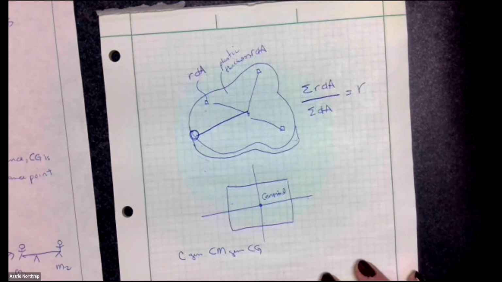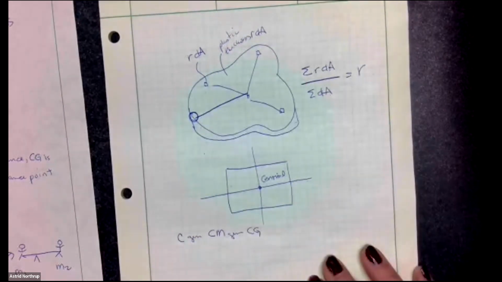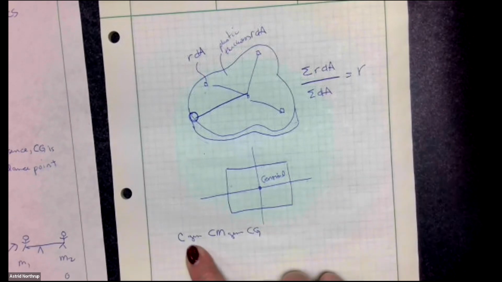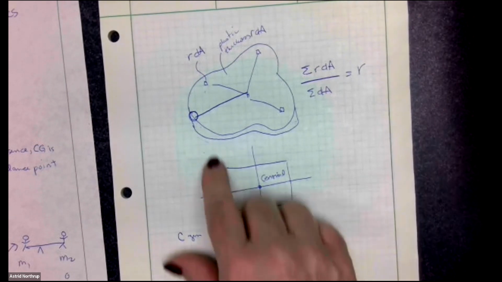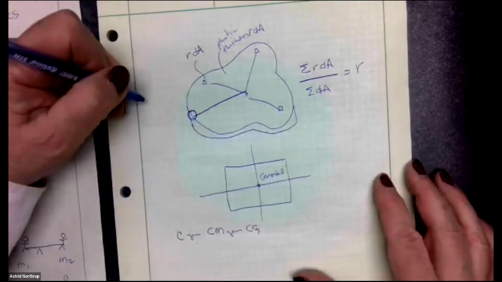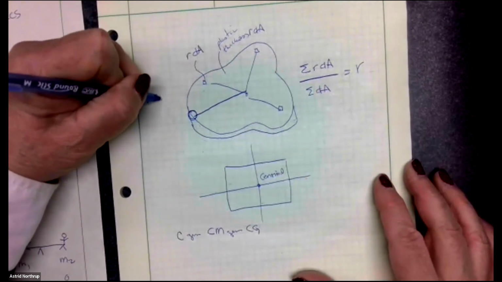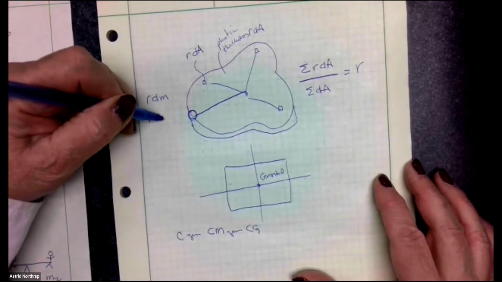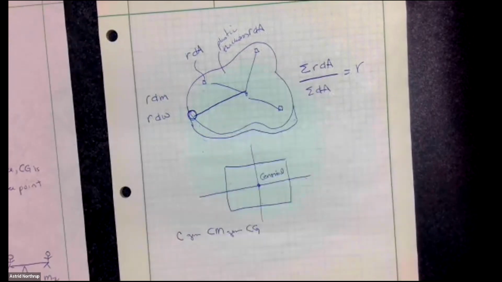Although what we're really going to be finding in the first part of this section, depending on how much time we have, is the centroid in all the cases, because we're going to be working with areas. If we were working with mass, we'd be working with R dM terms. If we were working with center of gravity, we'd be working with R dW terms, but it's the same kind of an idea.